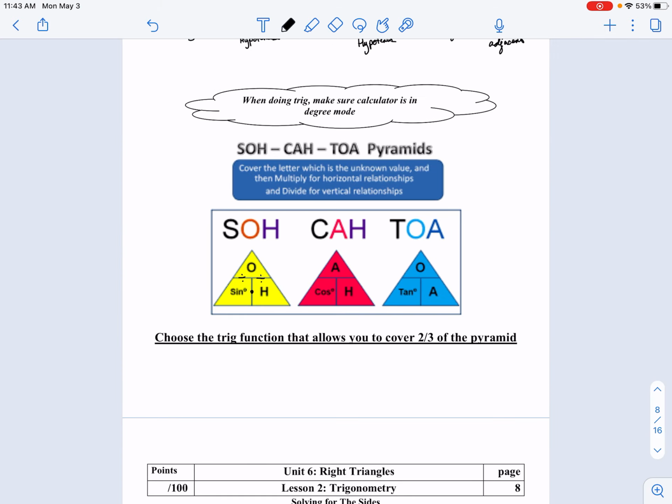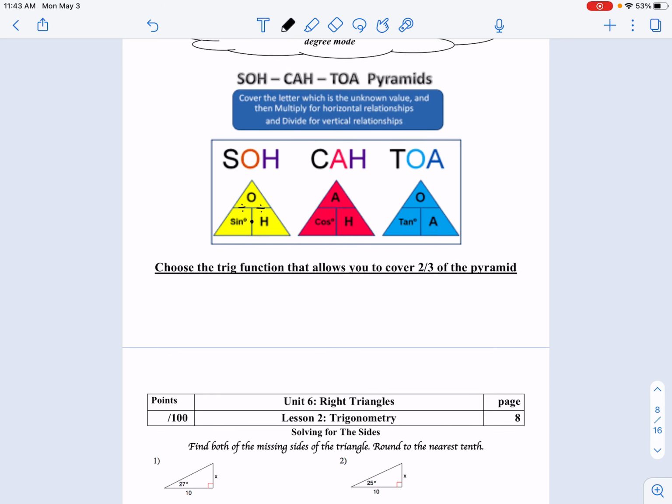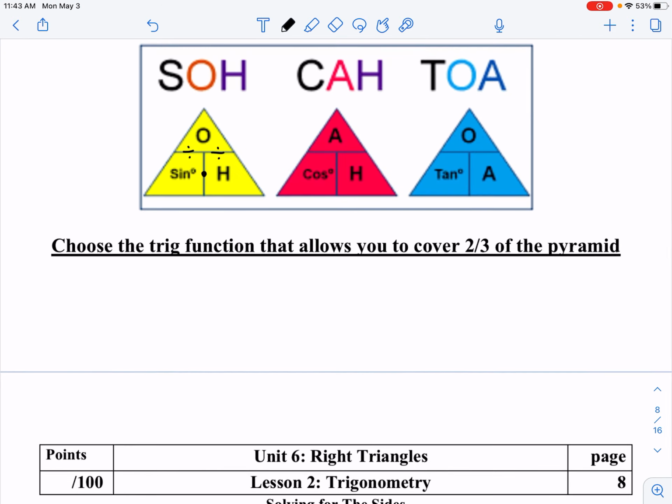What I like to do is think of it this way: SOH, CAH, TOA.